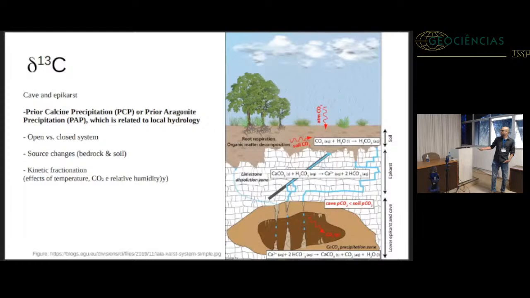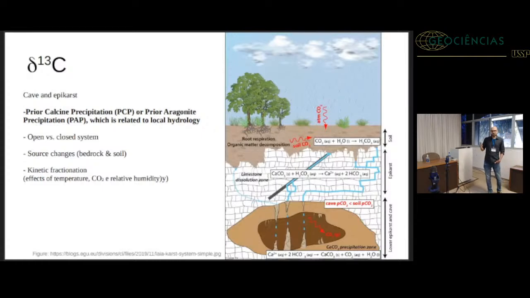This happens in the roof of your cave, in the ceiling. When the dripping water here finds the atmosphere inside of the cave, usually the atmosphere inside of the cave has less CO2 than your solution. Then you have the degassing of CO2 here. You start to precipitate your stalactite, which concentrates more carbon-12 here, and you release more carbon-13 to your stalagmite.